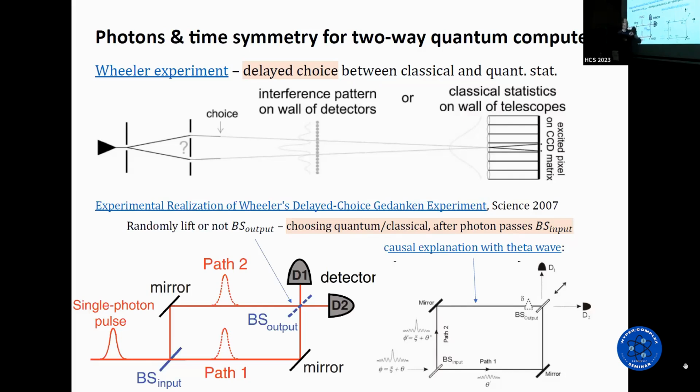If it's down, then you have quantum interference. So the photon should know whether it should behave as a classical or a quantum photon, but the choice is made after the photon went through, and it works. So the photon is kind of choosing between classical and quantum behavior after this choice was made.